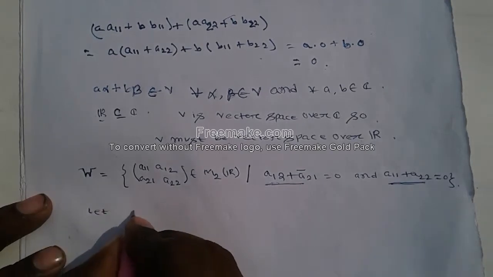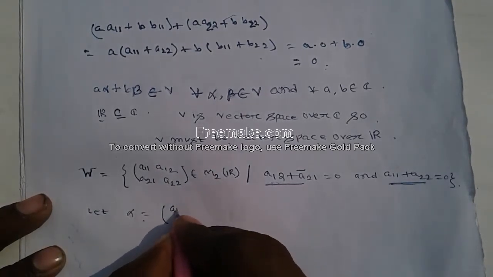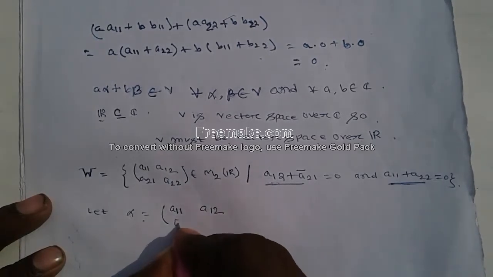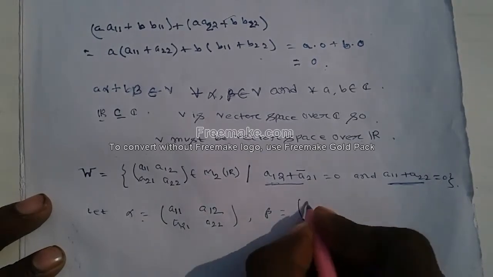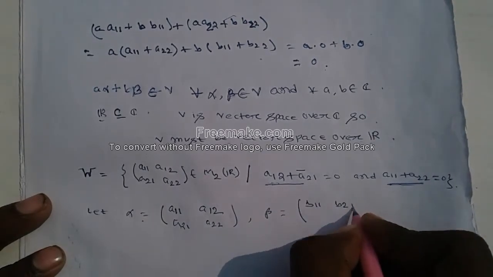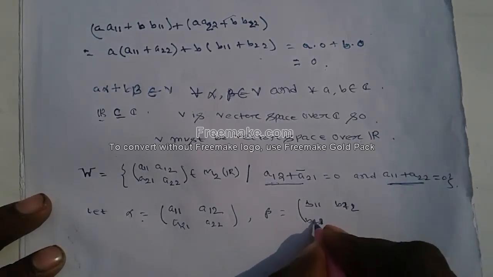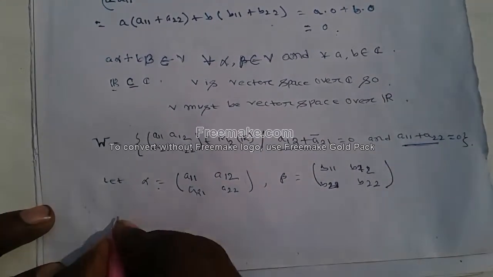Let alpha equal the matrix A11, A12, A21, A22, and beta equal B11, B12, B21, B22.